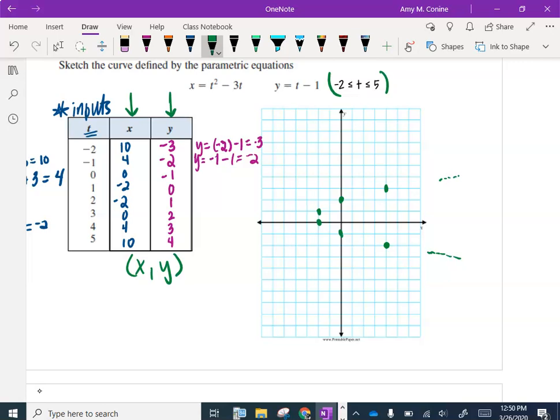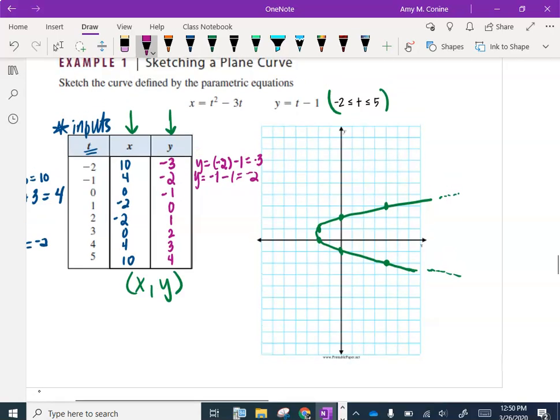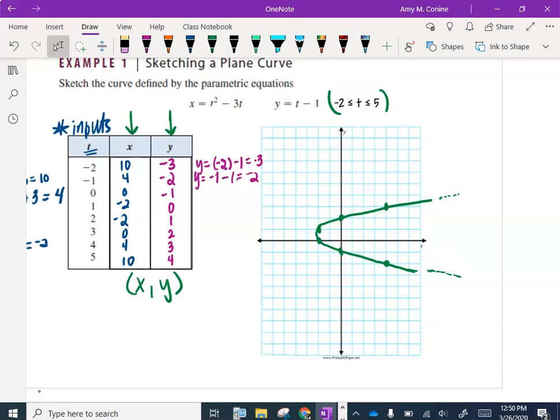So we're going to go ahead and connect our dots. It's going to go on and on forever. We're not going to put arrows in there quite yet because I want you to see we do have this shape on our graph.